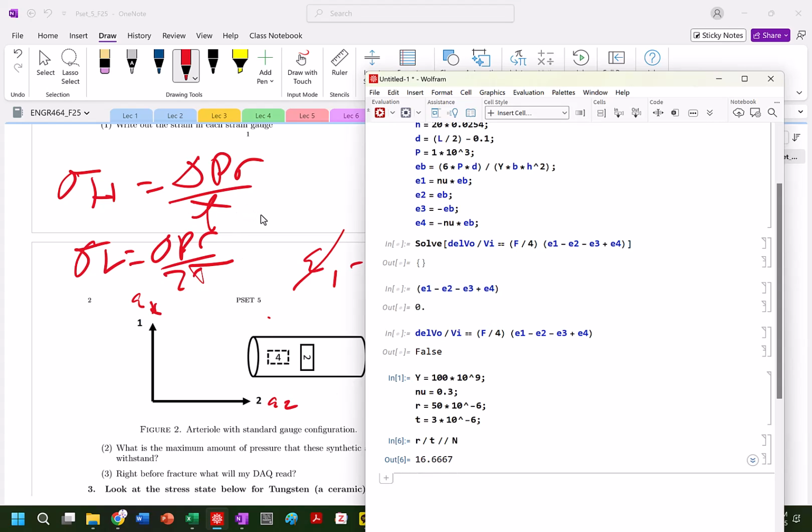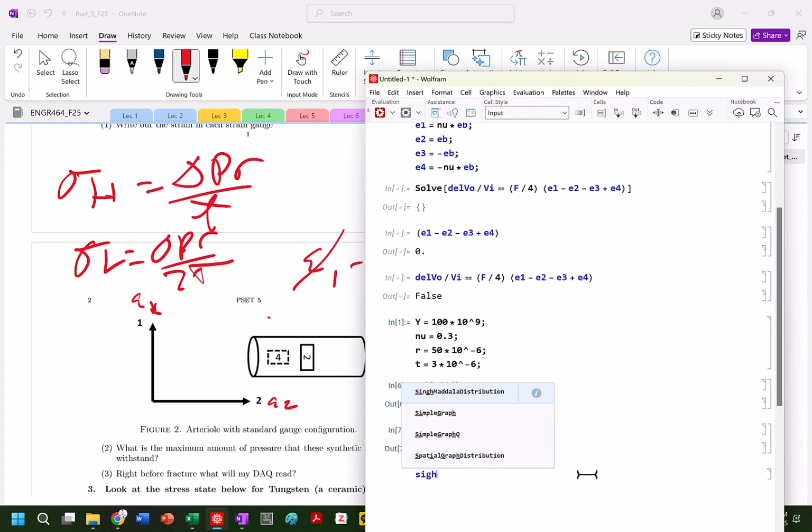We wrote out the strain in each strain gauge, which is great. What's the maximum amount of pressure that these synthetic arteries can withstand? So we're told that strain failure is equal to 30%, so 0.3. We also know that sigma h equals delta P times R over T, and sigma L is equal to sigma H divided by 2.